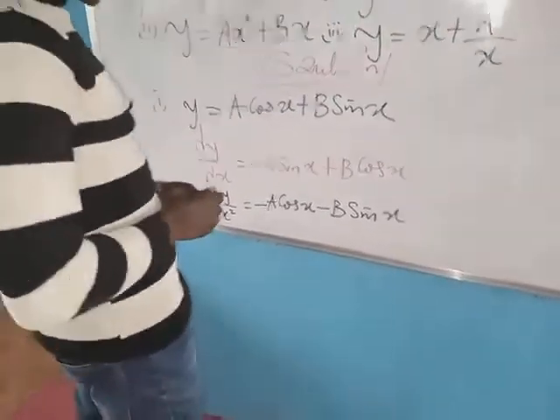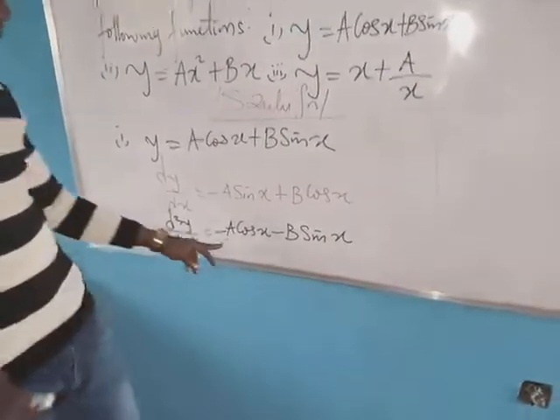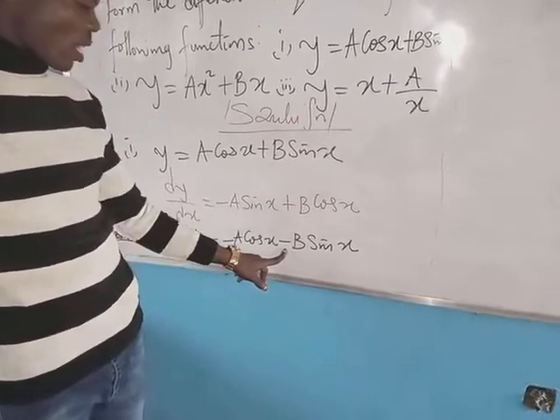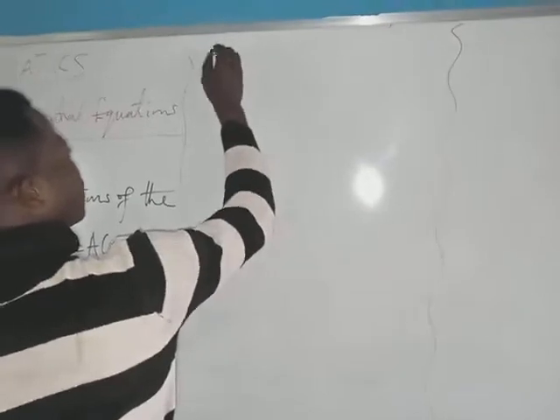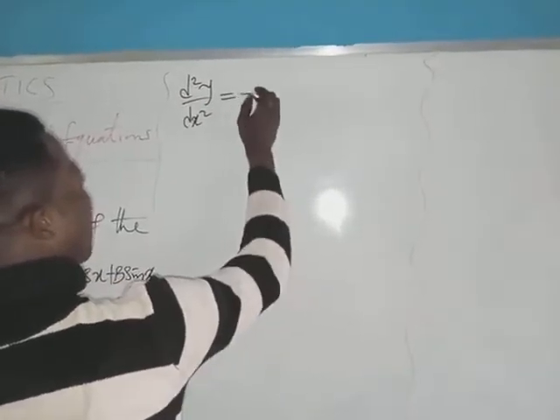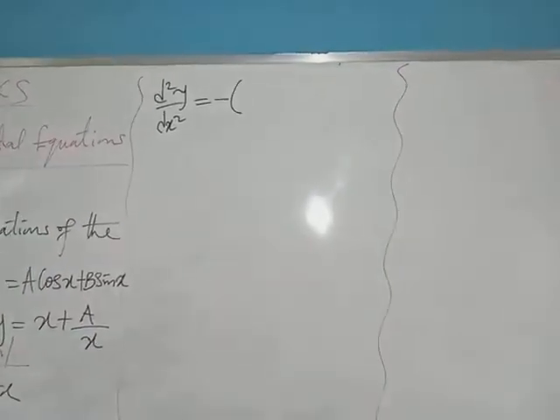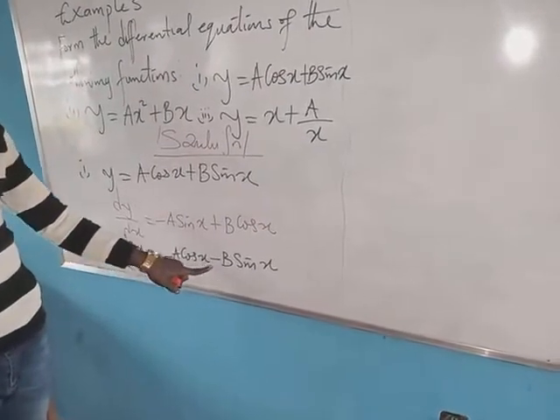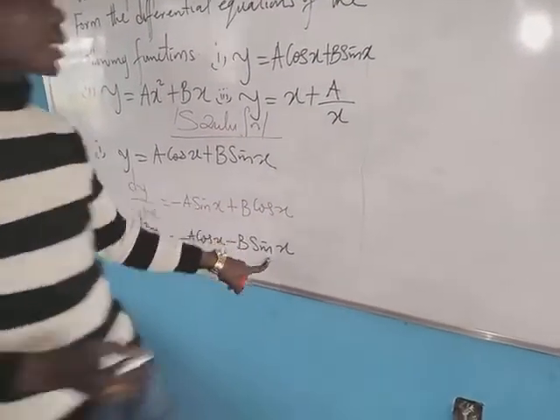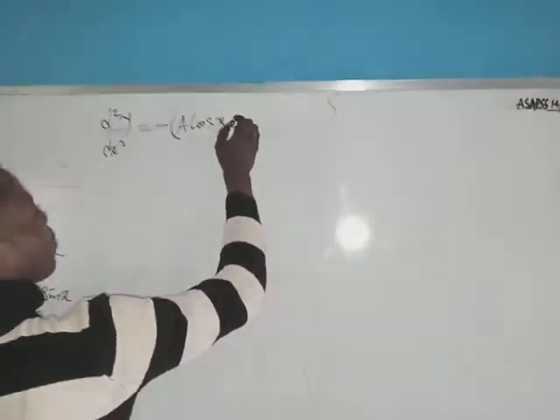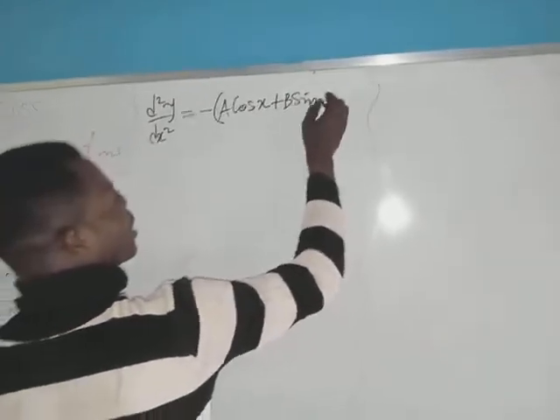Now, at this junction, we can factorize. What is common here? Minus is common. If I take out this minus, I will have d squared y over dx squared equal to minus, I'm taking out this minus, A cos x plus B sin x.